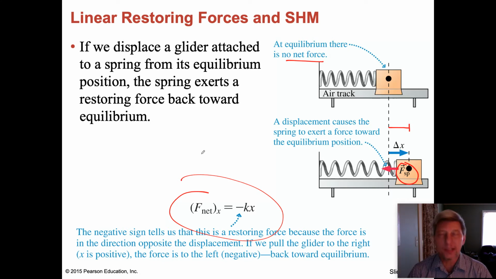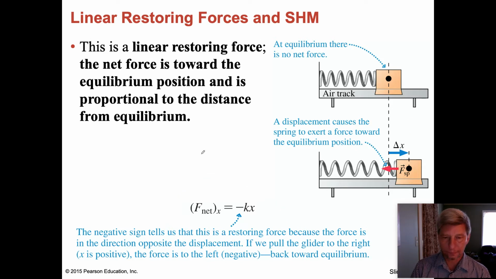And the negative sign tells us that it's a restoring force because the force is in the direction opposite of the displacement. If you pull the glider to the right, x is going to be positive, because the force is to the left, back toward equilibrium.